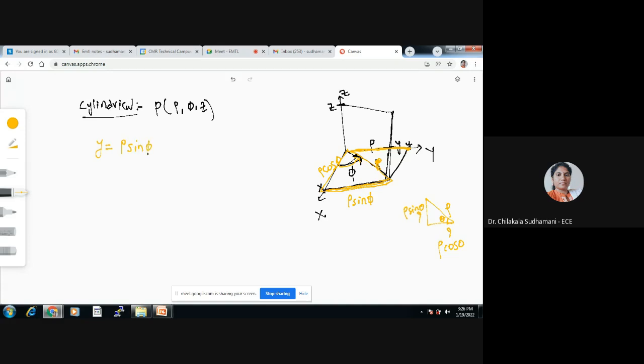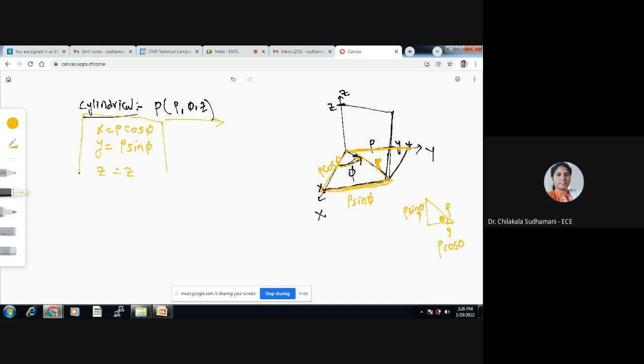Similarly, what is the length in the x direction with respect to rho and phi? x is equal to rho cos phi and z is equal to z. It gives the relation between cylindrical coordinates and rectangular coordinates: x, y, z in terms of cylindrical coordinates is rho cos phi, rho sin phi and z.